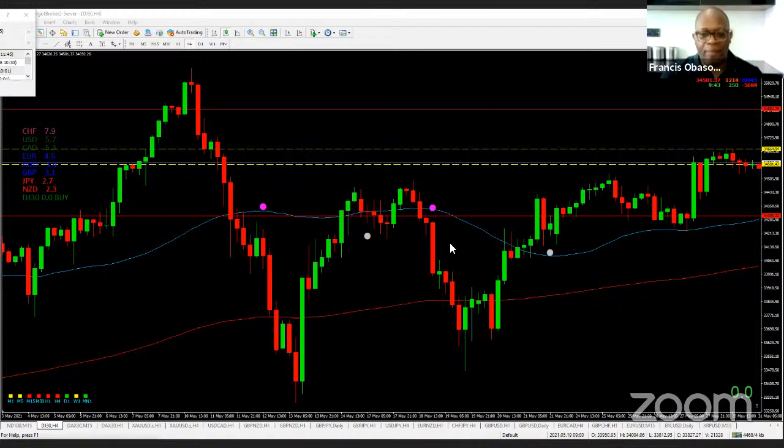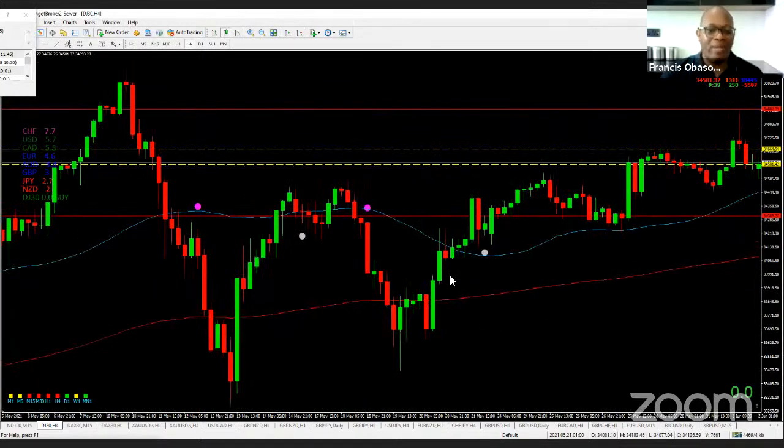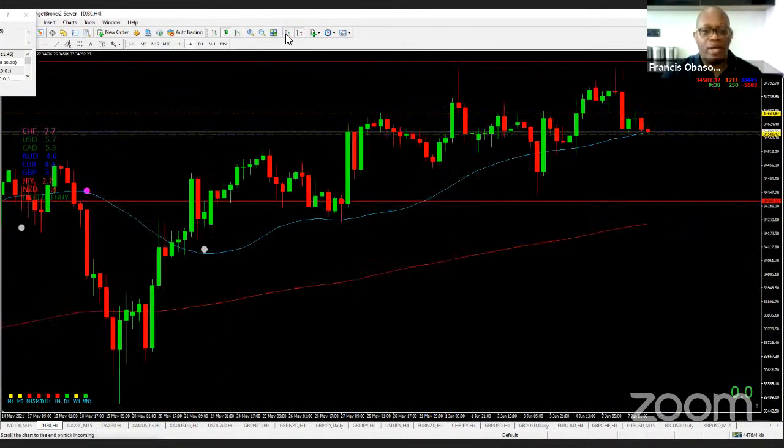This is just one of them. If you've seen my chart before, you will see the white ball, the orange ball, the purple. Perhaps you are seeing the purple for the first time. We also have the blue. Now, this is super. I have a number of precision trading strategies, and this is basically one of them.